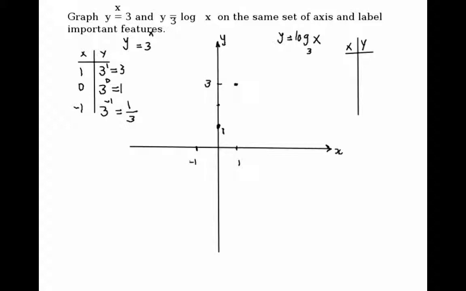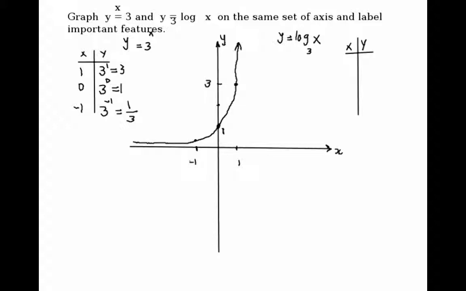So somewhere around here, as you see, your graph is going to get closer and closer to 0 from the left side, and passes through point 1, and then exponentially increases. That would be a graph of y is equal to 3 to the power of x.